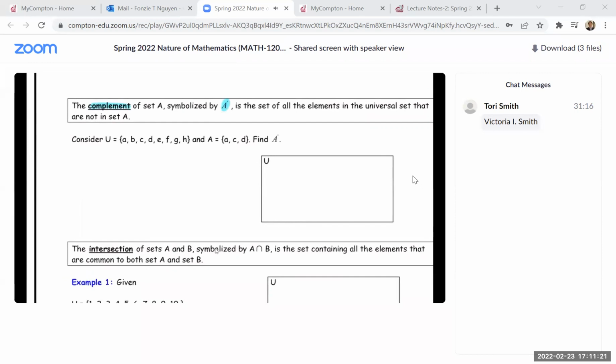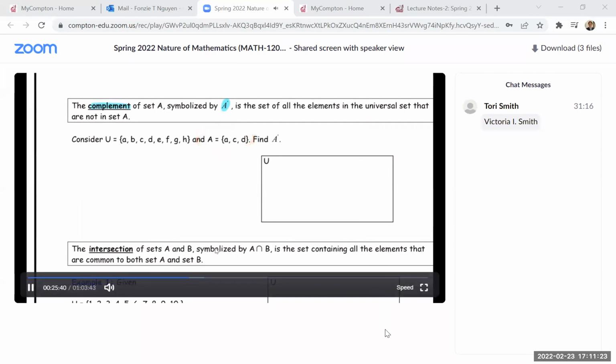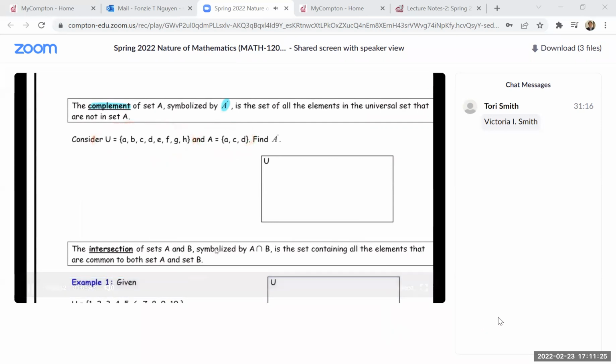They give you the set A, and then they give you the universal set. So let's draw set A. It's got A, C, and D. And in the universal set, which would be in the rectangle, it's A, B, C, D, E, F, G, H. So A is already here. B, we have to write anywhere in the rectangle.